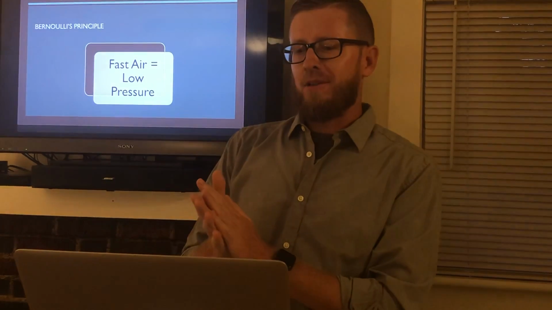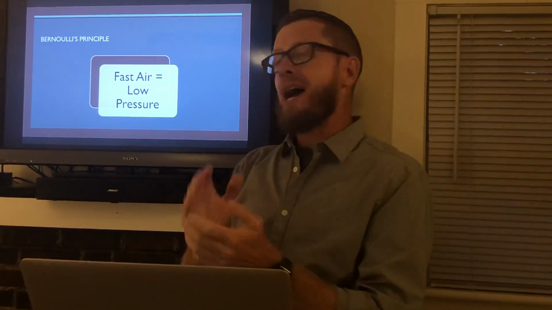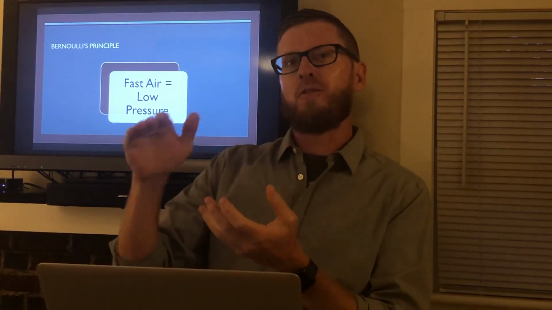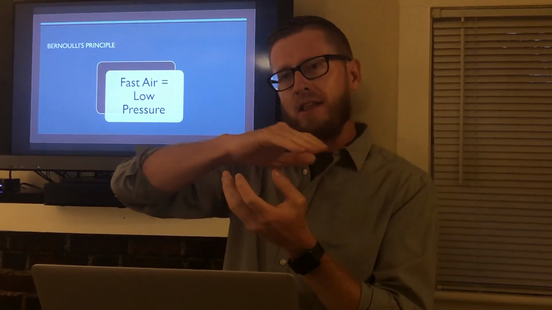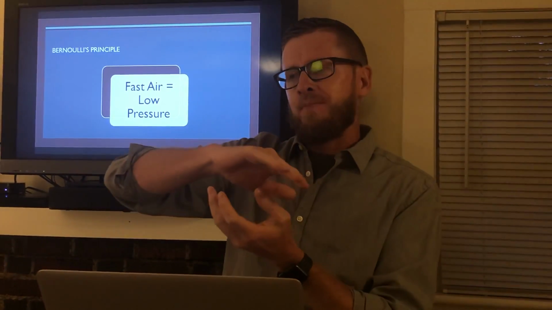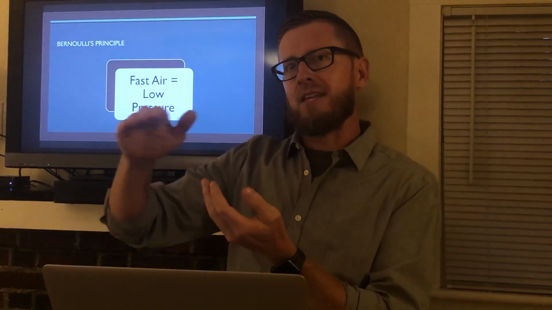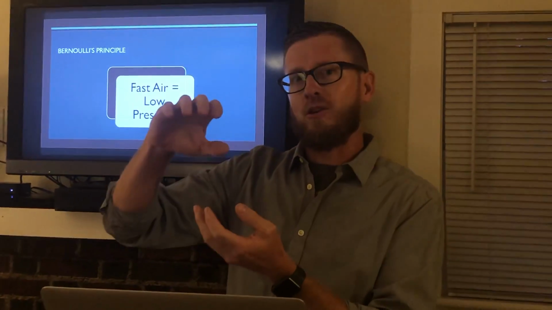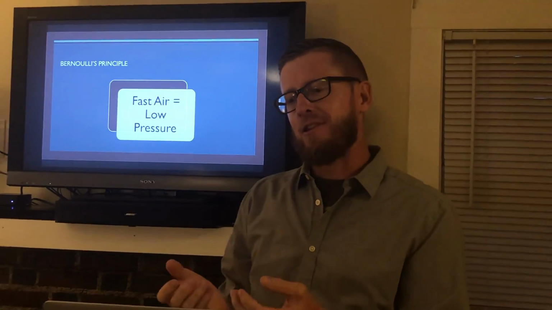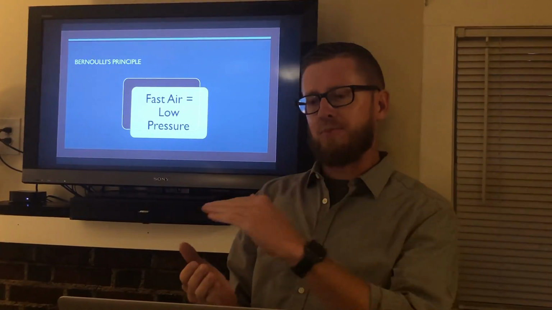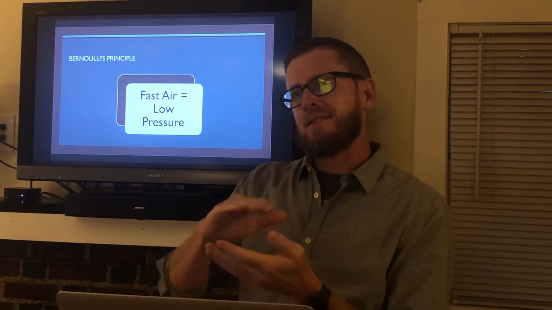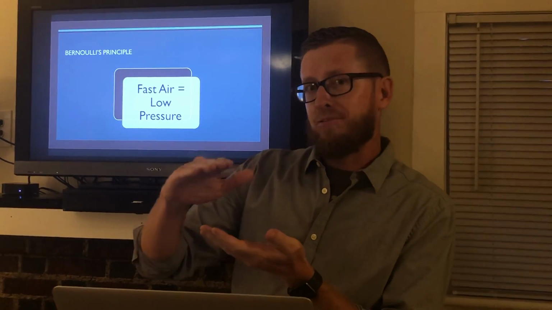So what happens is it creates a low pressure over the wing. As the air is coming over the wing, it goes over that curve and the air becomes faster and also makes a low pressure. And then there's also the pressure below, which makes a higher pressure below the wing.